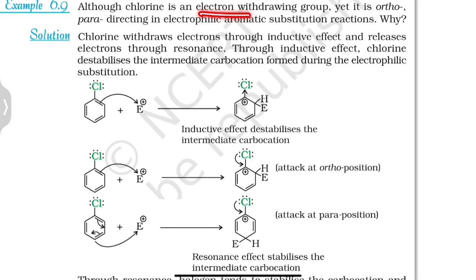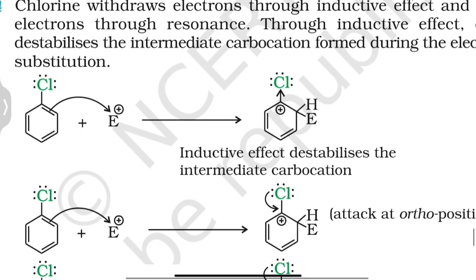Although chlorine is an electron withdrawing group, yet it is ortho-para directing in electrophilic aromatic substitution reaction. Why? You know that it is a deactivating group. It shows a minus I effect, because of which it is taking electrons towards itself.